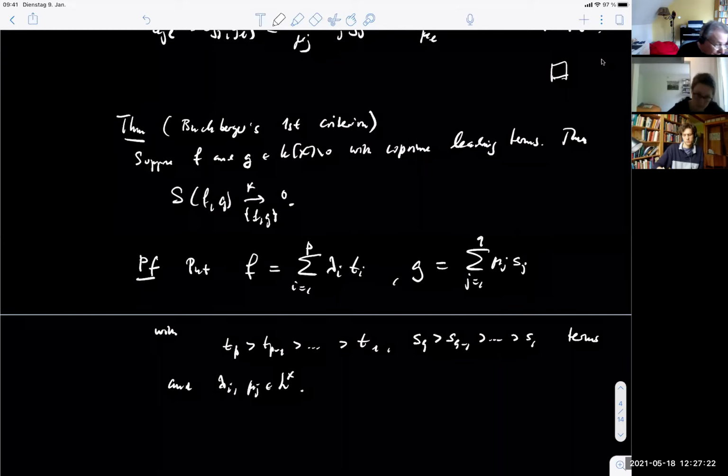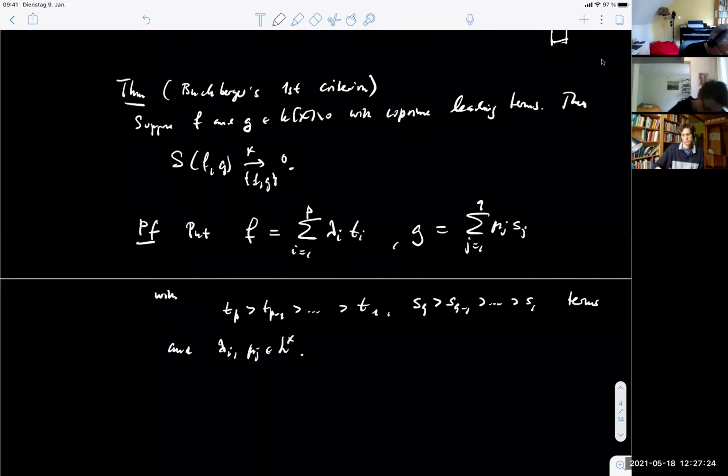Okay. So we have to write the S polynomial. What is the S polynomial of F and G? The LCM we have to consider of the leading terms will be t p s q.